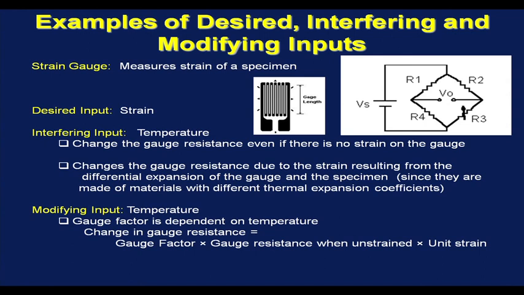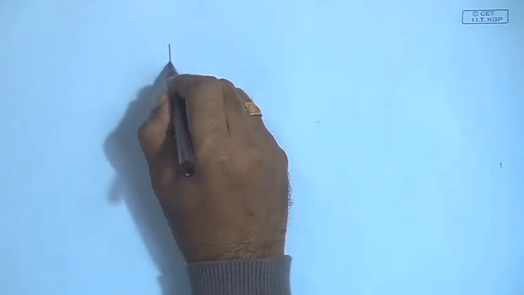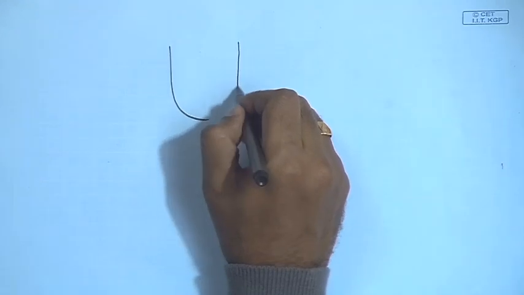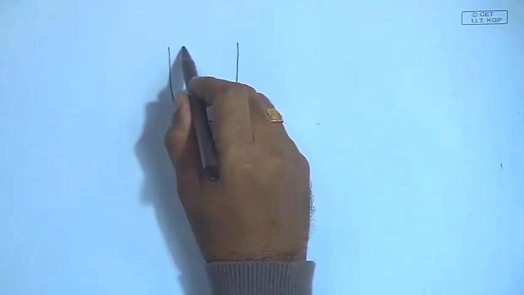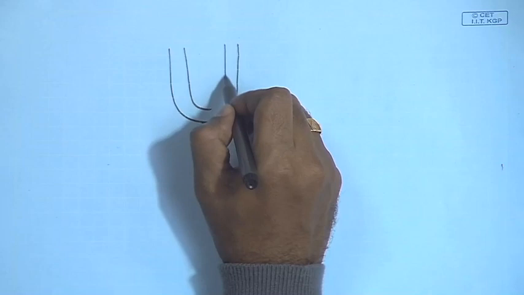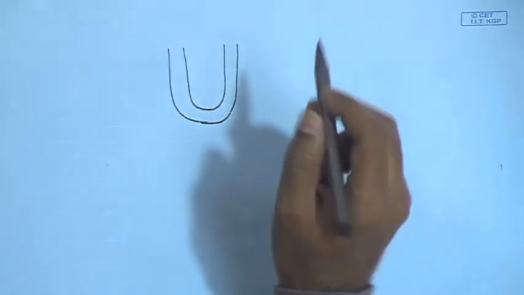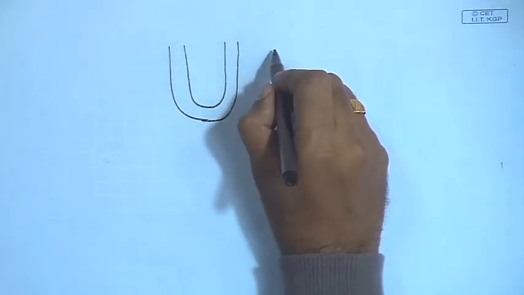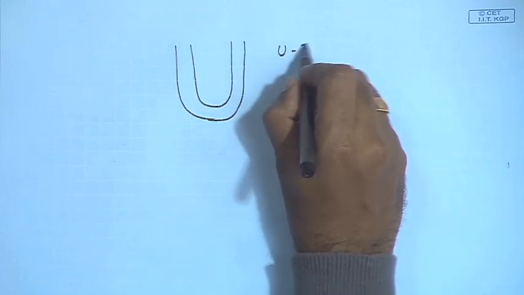So, let us now take some examples of desired inputs, interfering inputs and modifying inputs. First, let us consider a manometer. We are considering a U-tube manometer.